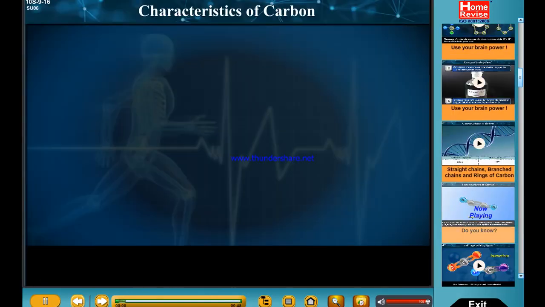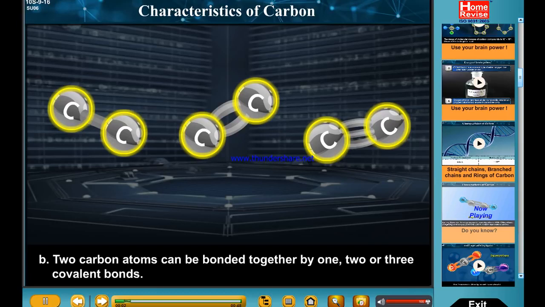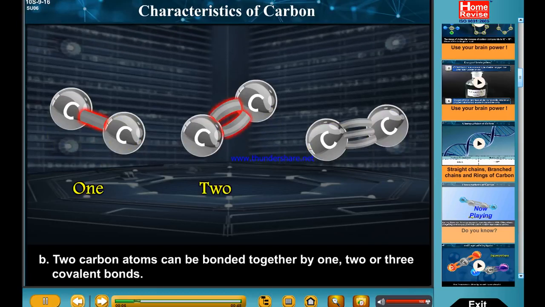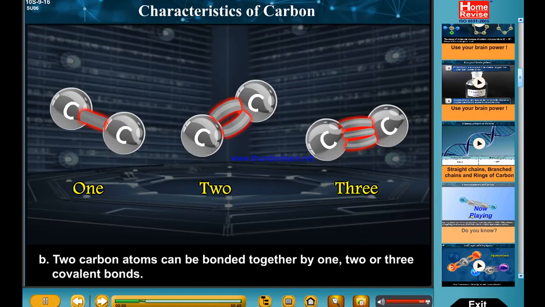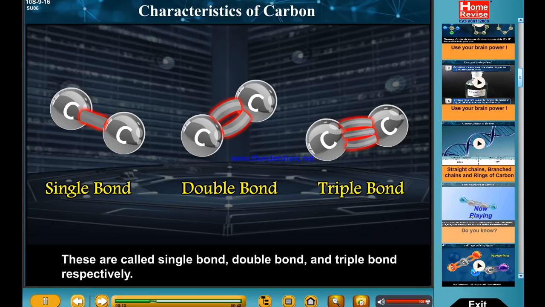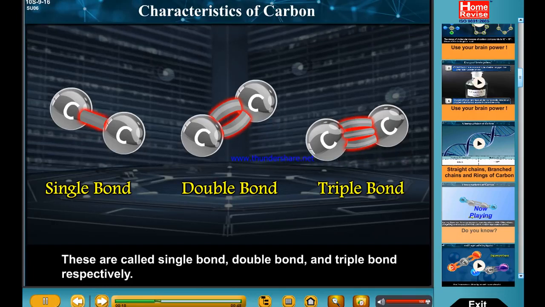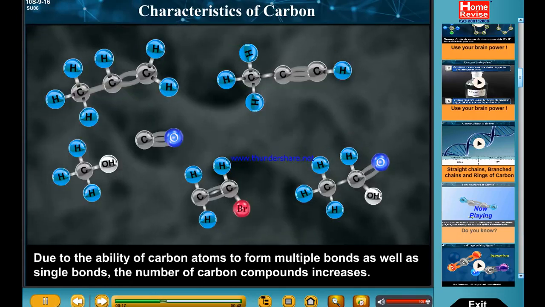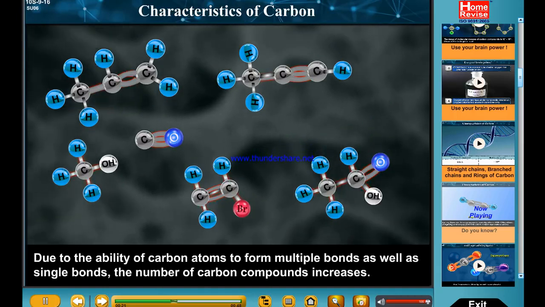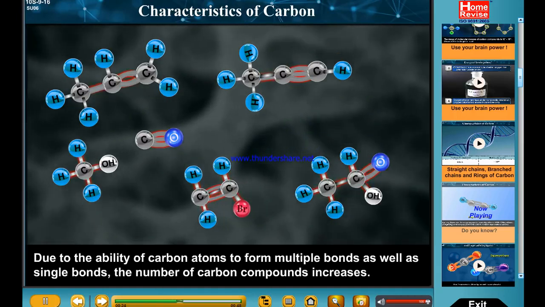B. Two carbon atoms can be bonded together by 1, 2 or 3 covalent bonds. These are called single bond, double bond and triple bond respectively. Due to the ability of carbon atoms to form multiple bonds as well as single bonds, the number of carbon compounds increases.